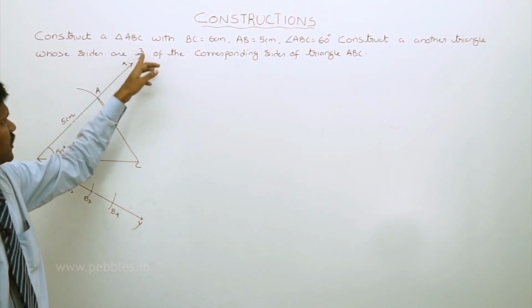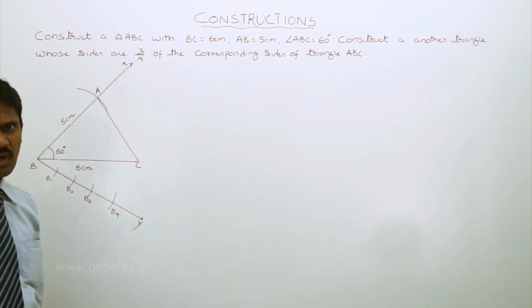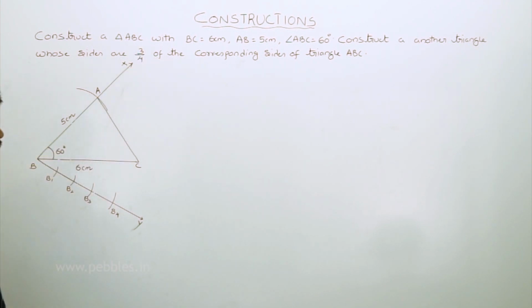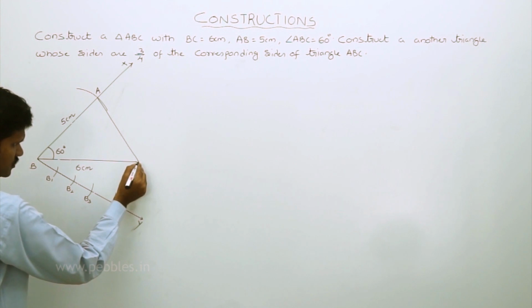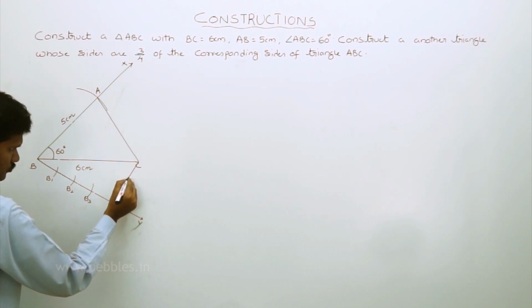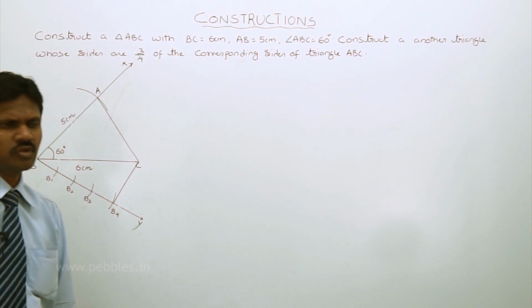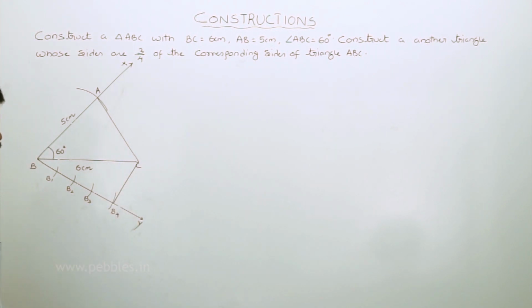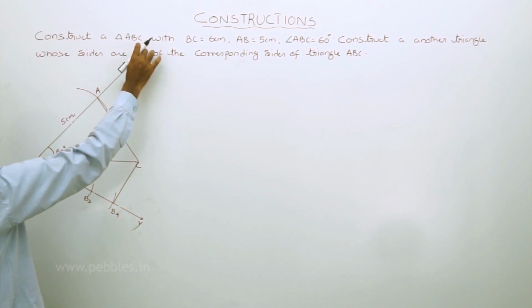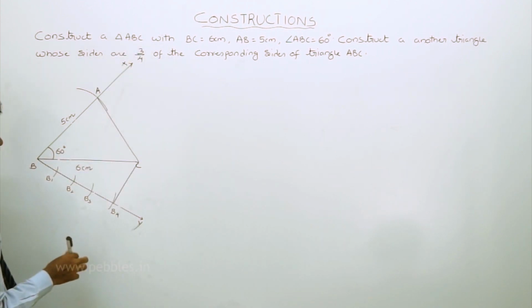Now, compared to 3 by 4, the numerator is the smallest. Then join CB4. Now we have to draw a parallel line through B3.